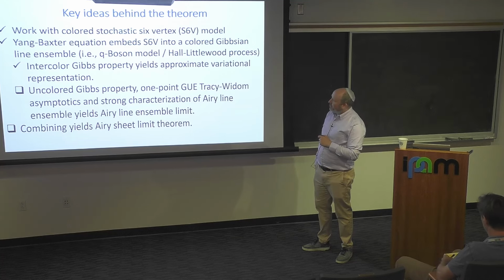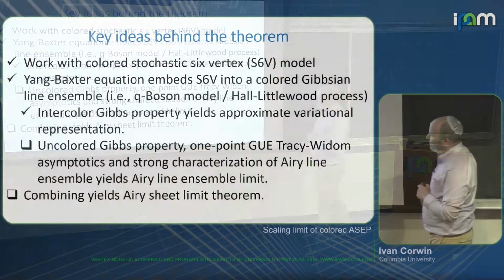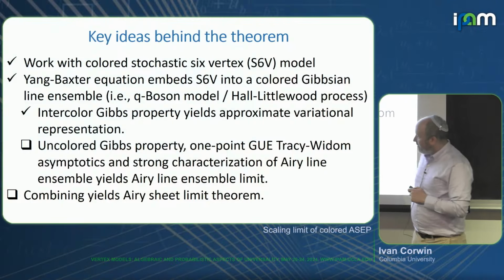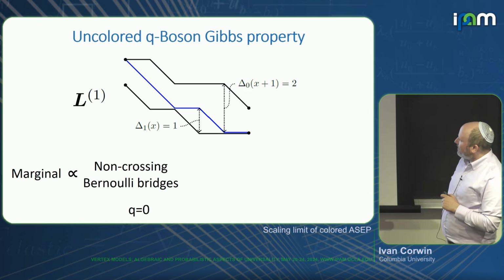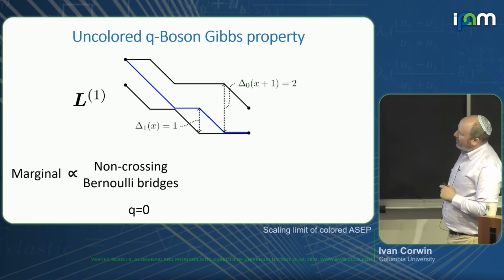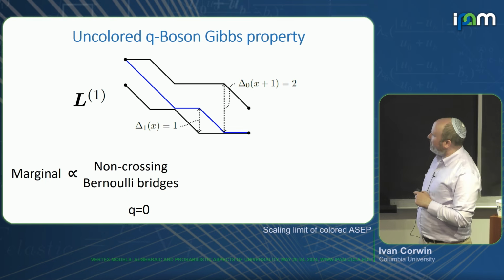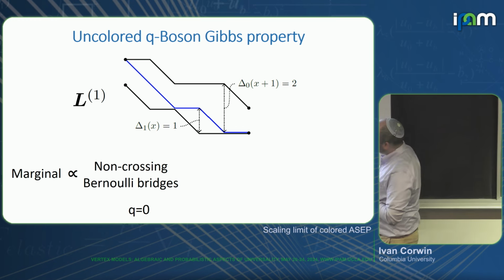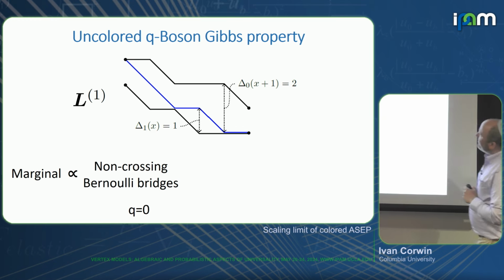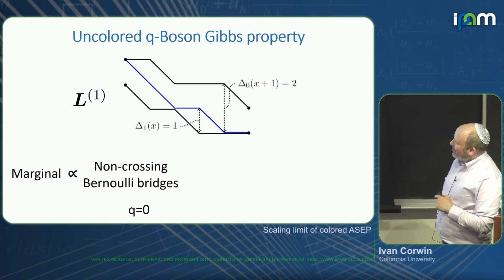So that covers the first part of this picture, this relationship between the line ensemble and the Airy sheet. And so the question becomes, how do we take the scaling limit of the uncolored, this purple line ensemble? And for that, we use the Gibbs property and a certain universality result that refers to the Airy line ensemble. And so let me describe to you the Gibbs property of the uncolored Q-boson line ensemble.